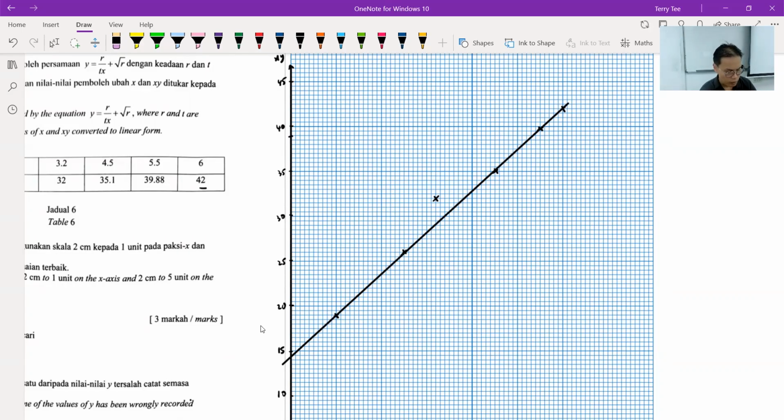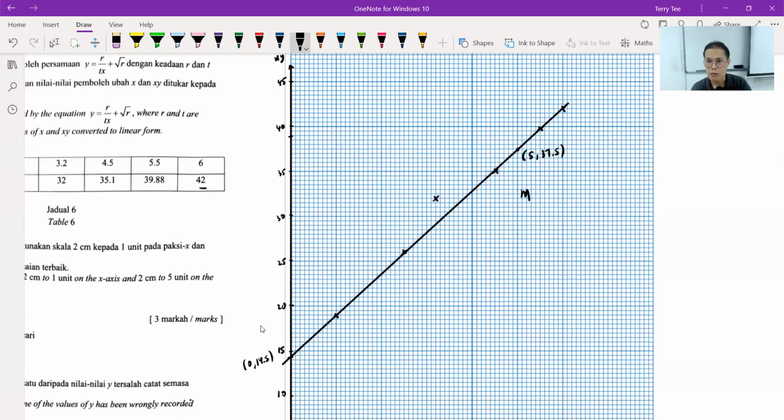So for my gradient, I'll pick 2 points. The y-intercept, you can see, is 14.5. It looks like 0, 14.5, and let's pick 5 boxes across. Go 5 boxes across until here. This point looks like 5, 35, 36, 37, 37.5. Yeah, it looks like 37.5. Okay, in between.